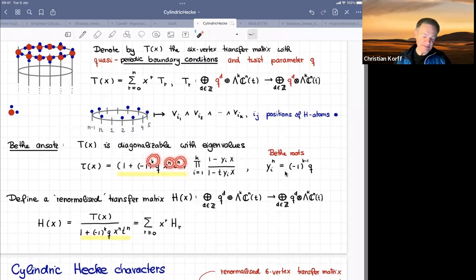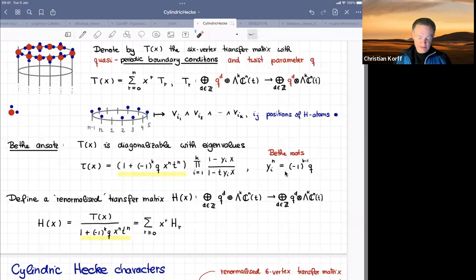And k is just the number of hydrogen atoms which I have on the vertical upper edges. So this is actually preserved by the transfer matrix. The transfer matrix, of course, does not change the number of lattice sites n, and it also keeps the number of hydrogen atoms which are on the vertical lines fixed.